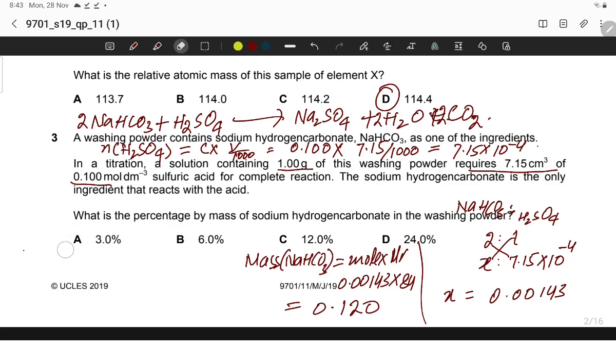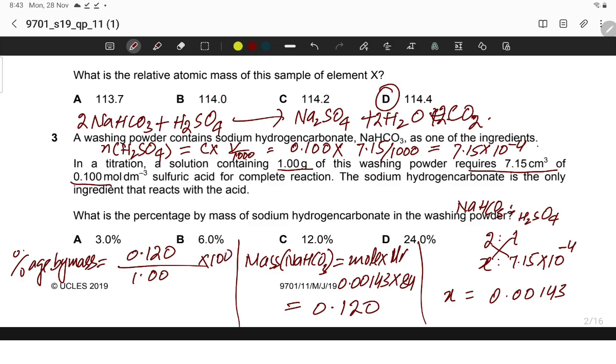Now percentage by mass is equal to 0.120, and mass of sample is 1 gram, divided by 1 into 100, is equal to 12.0.